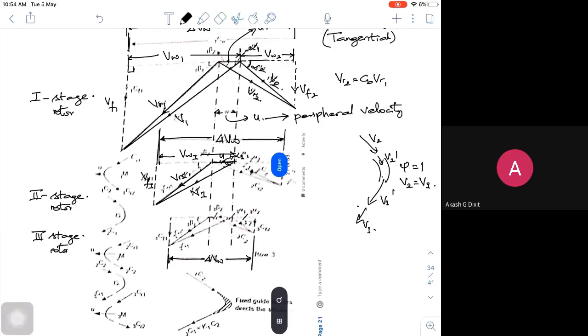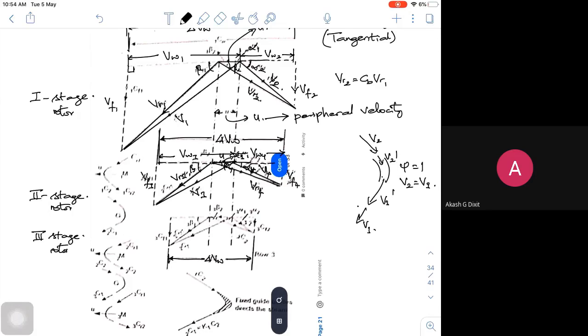This is my exit, V4, and this is my alpha 4. So I have the corresponding beta 1, this is beta 2. So here I have beta 4, beta 3. Those are the blade angles. I can get it. Then this will be your VR4. This will be VF4, and this will be VW4.